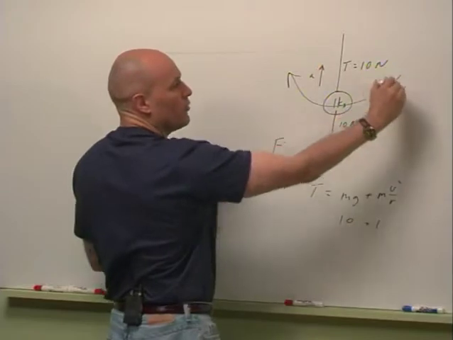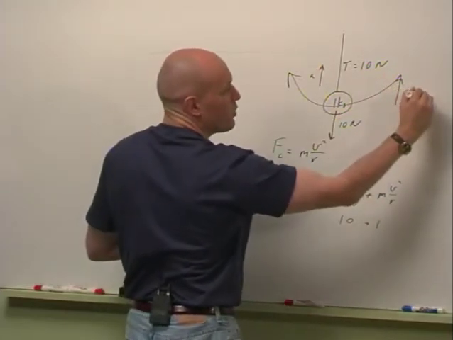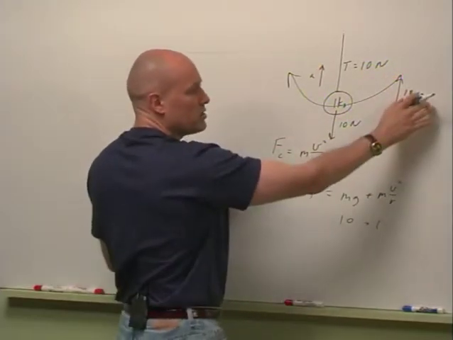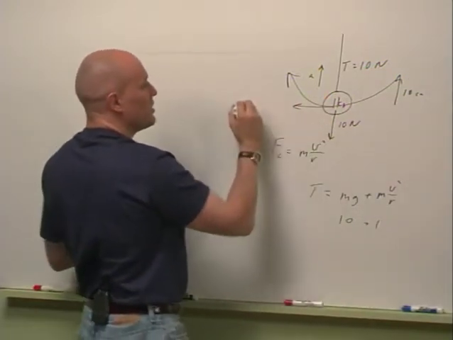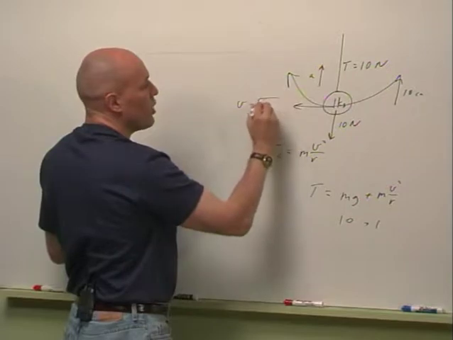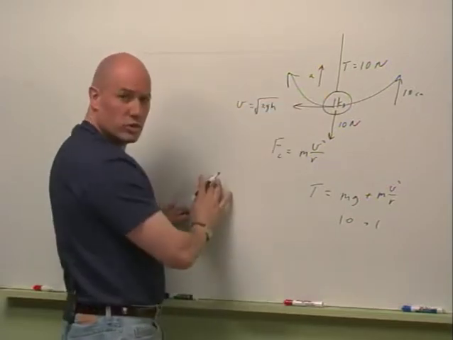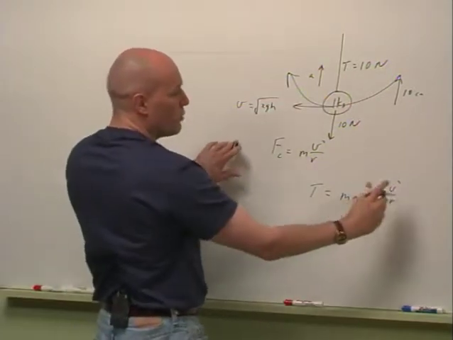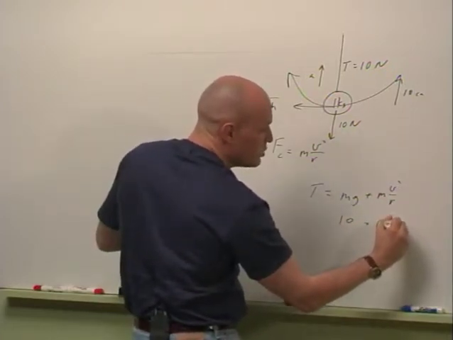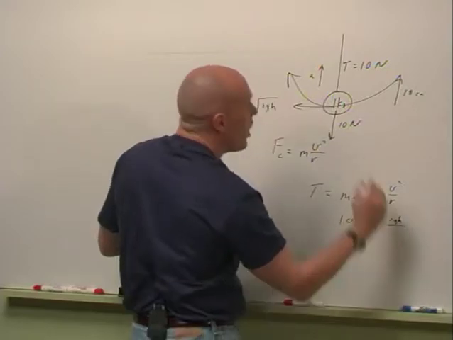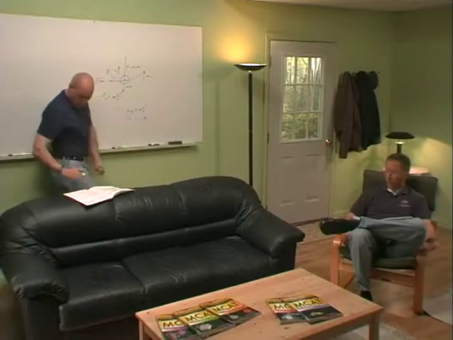And you know what else I know? If it dropped 10 centimeters, and we won't go through all of this, I know that the velocity down here, the tangential velocity, is v equals the square root of 2gh. So v squared would be 2gh. So this is 1 times 2gh over r, and r then is what? 1 meter is the radius.